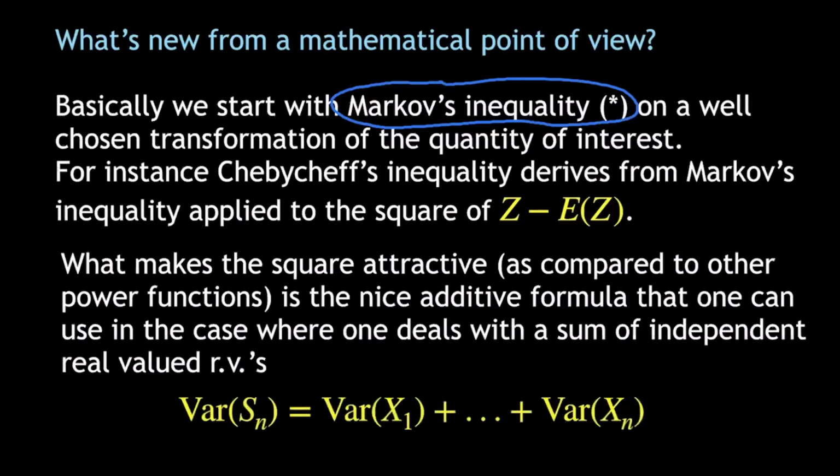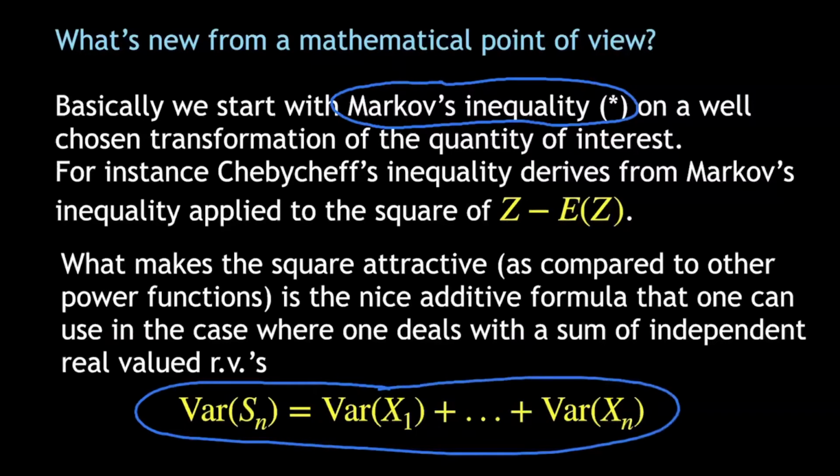And what makes the square attractive, you could use another power than the square to use the Markov's inequality. What makes the square attractive is that you have an additive formula, which is very convenient in the case where the variable at hand is simply the sum of independent variables. You have this very nice additive formula.